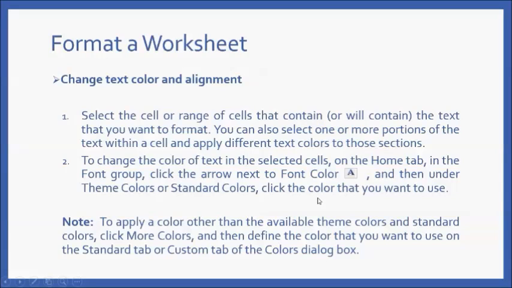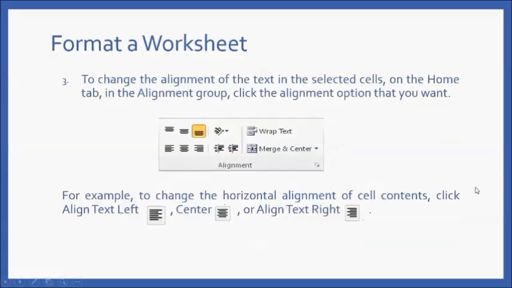Take note that to apply a color other than the available theme colors and standard colors, you click More Colors. And then define the color that you want to use on the Standard tab or Custom tab of the Colors dialog box. To change the alignment of the text in the selected cells, on the Home tab in the alignment group, click the alignment option that you want.